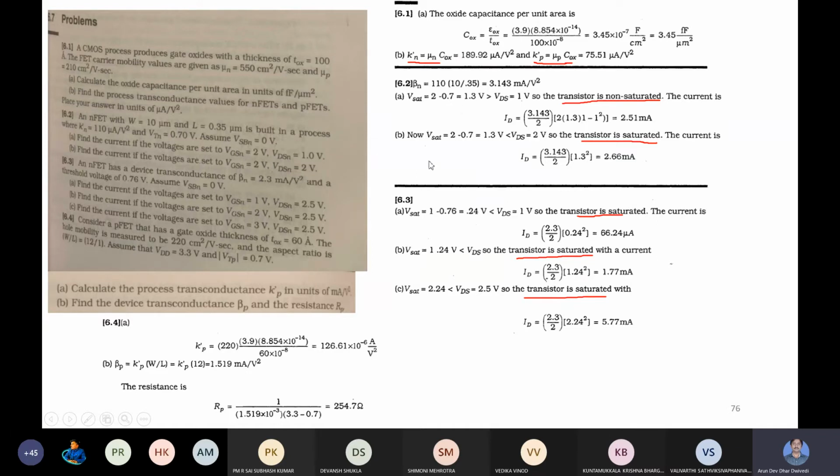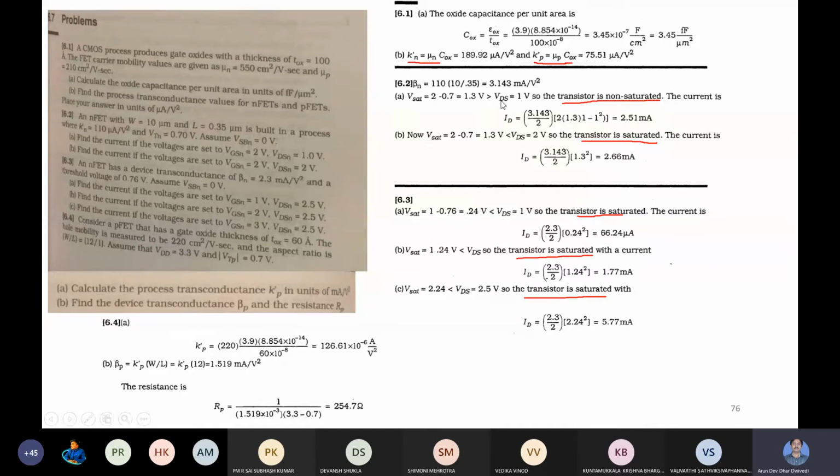So such type of problems you can solve by first finding out VGS minus VT. First, VGS should be higher than the threshold voltage VT.